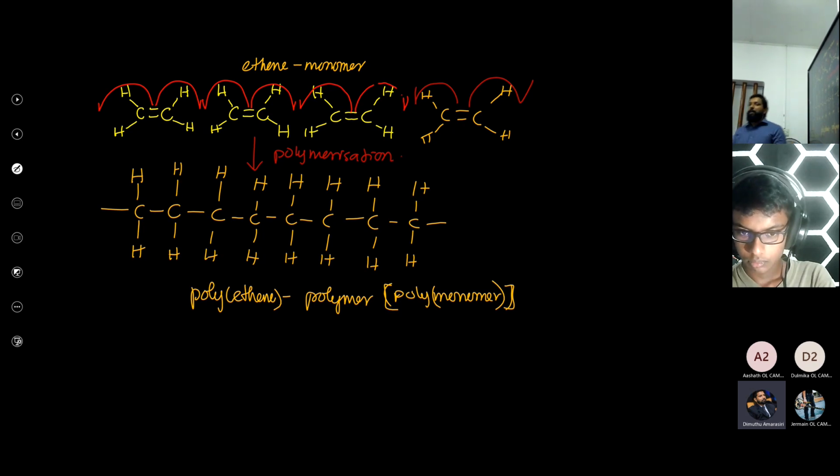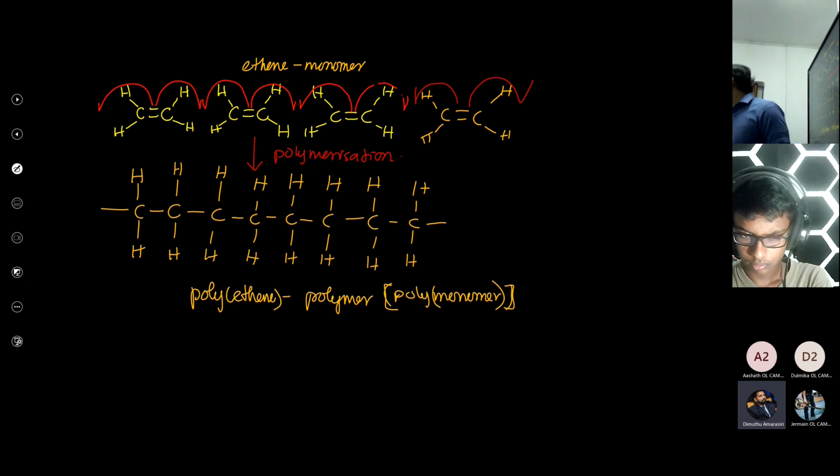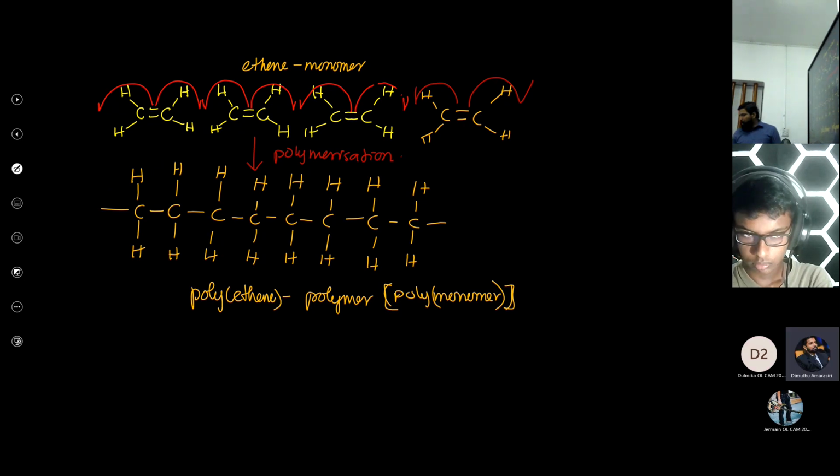But let's say we need to have a better way of representing the polymer. So better way of representing the polymer. It's like this. What I'm going to do, I'm going to identify something repeatedly found inside the polymer. Okay?